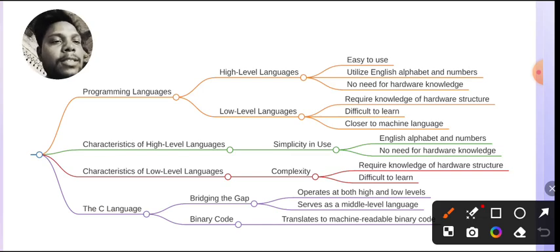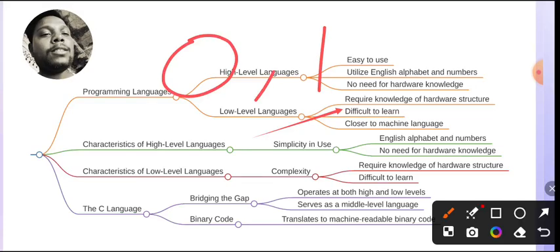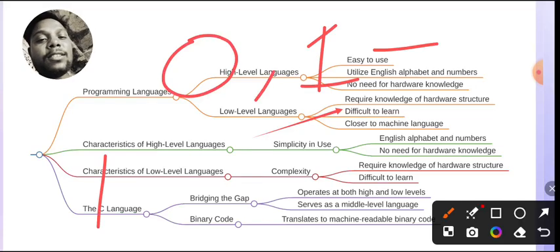So low level language is difficult to learn, for whom? It is not for human beings, because it consists of 0s and 1s. We don't understand what combination of 0s and 1s becomes what kind of instruction.